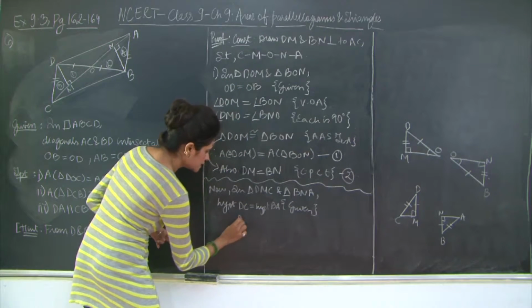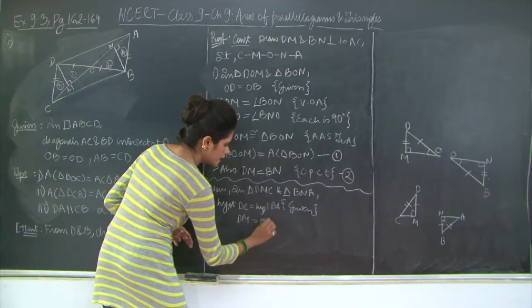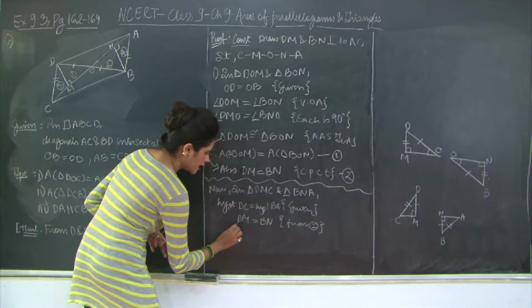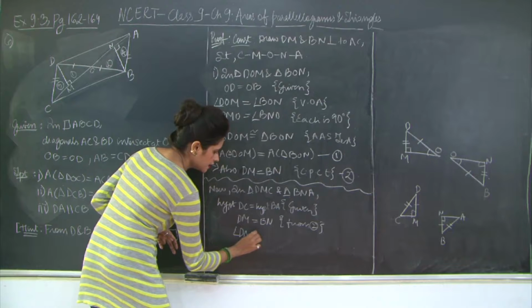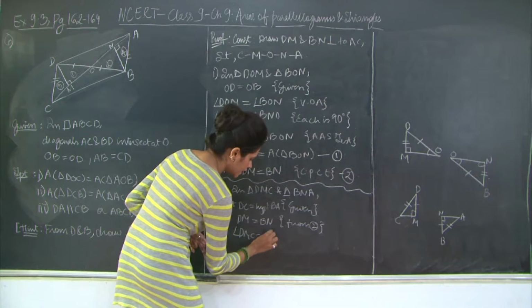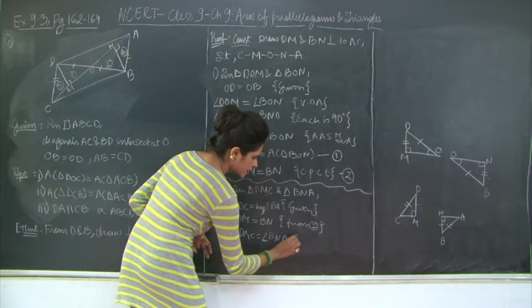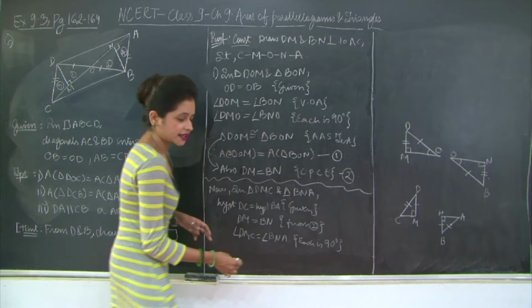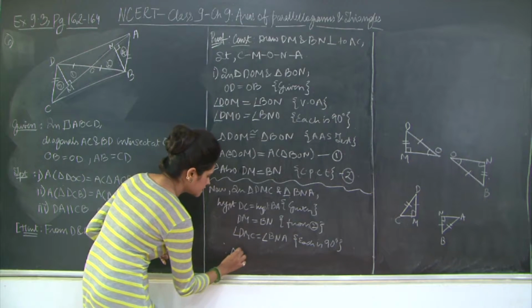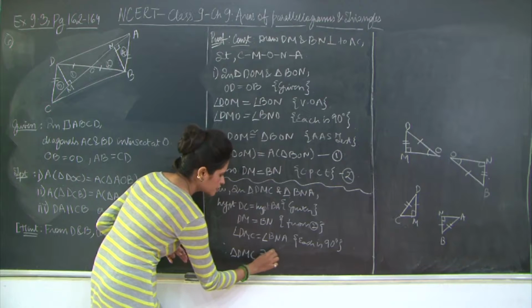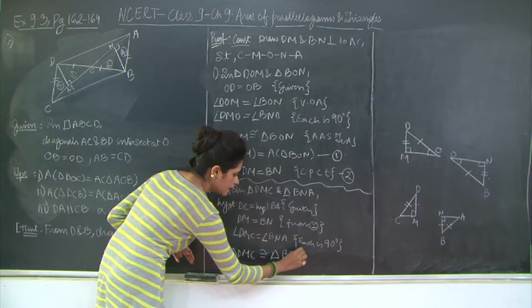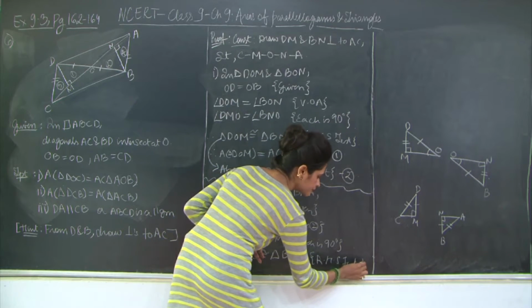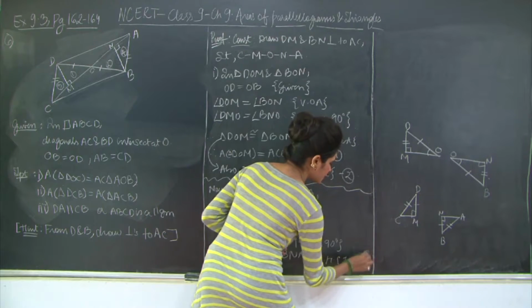Then I am going to say DM is equal to BN from 2 and angle DMC is equal to angle BNA because each is 90 degrees. Therefore, what can I say? Therefore, triangle DMC is congruent to triangle BNA by RHS test of congruence. Let's mark this as 3.